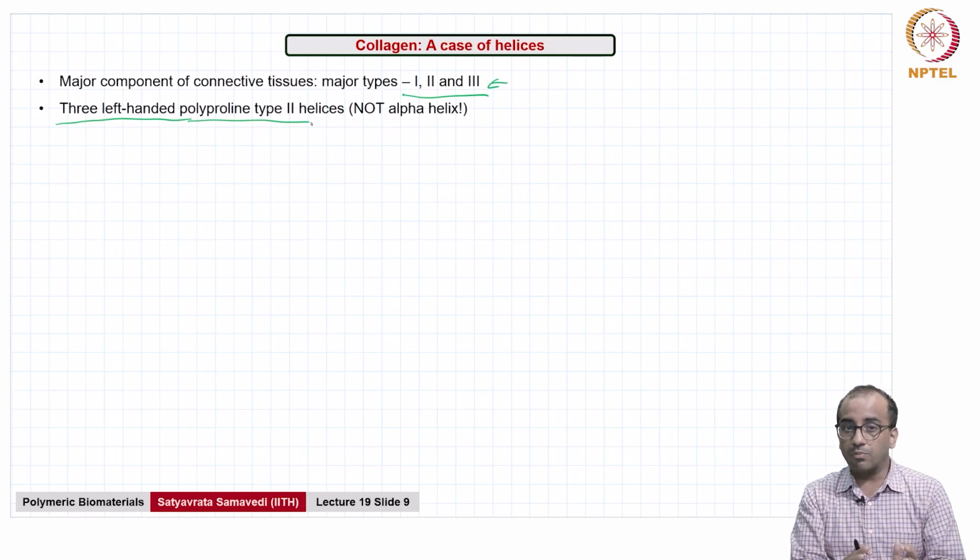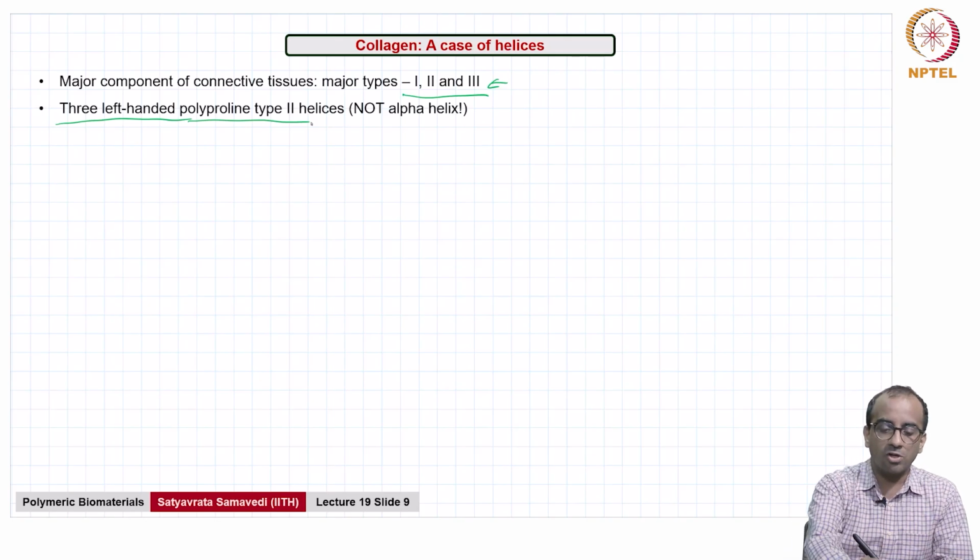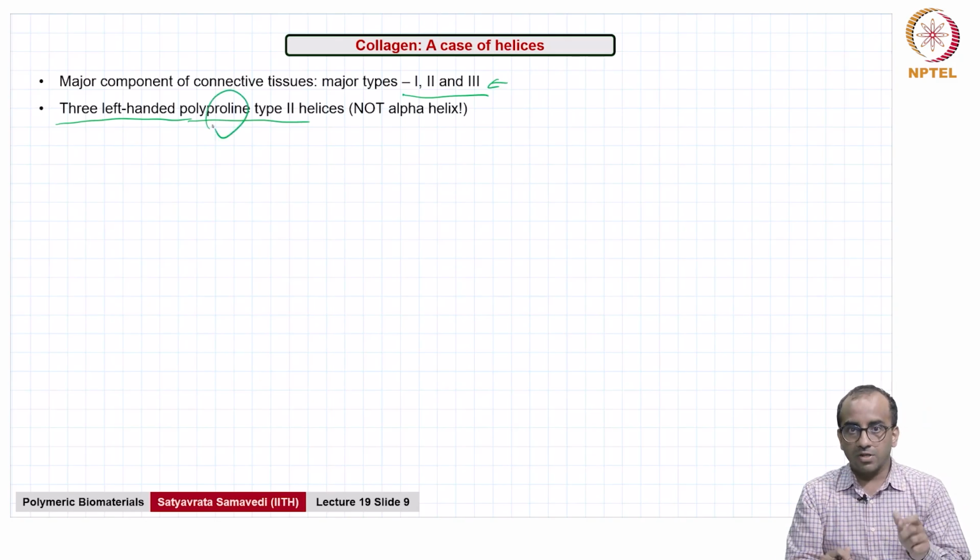Here it is more like 3.3. And then how exposed it is to the solvent etc. is different between the alpha helix and the left-handed polyproline type of helix. And the fact that it is called a polyproline helix should indicate to you that there are proline rich regions. Proline is an amino acid and there are proline rich regions in the backbone. So collagen is one such protein.